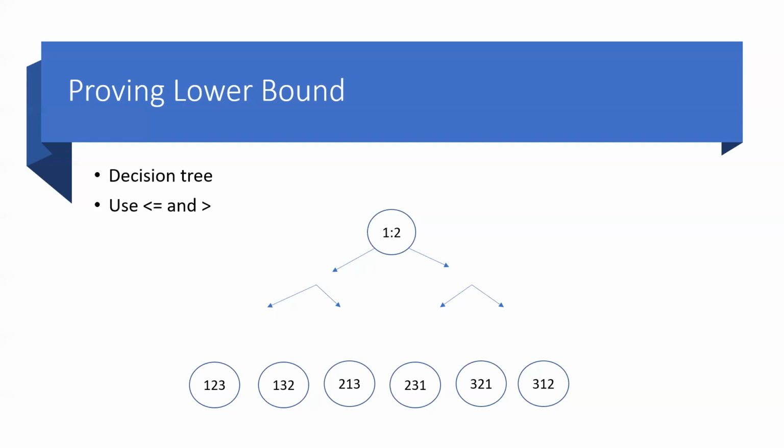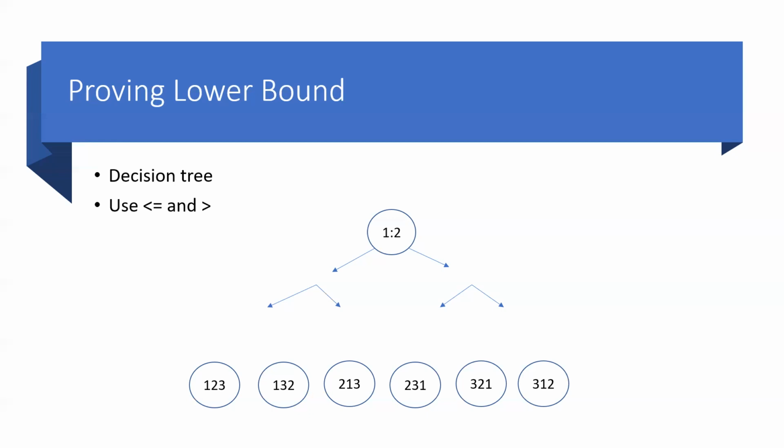For an example, if we have three numbers in our array, 1, 2, and 3, there are 3 factorial permutations, which is 6, and each of those leaves are at the bottom of the tree, and they don't all have to be at the same level.